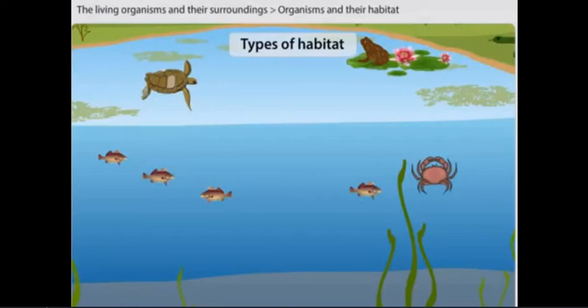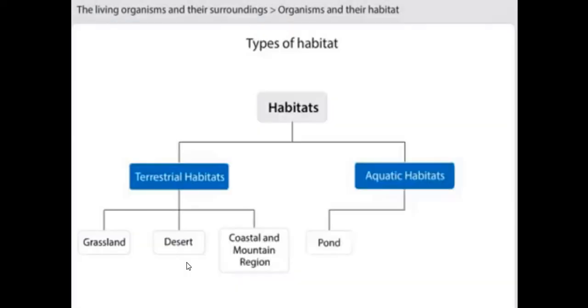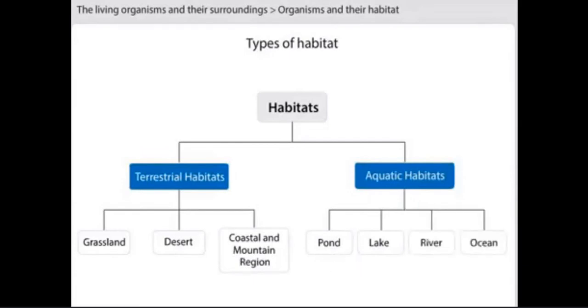Yes: turtles, frogs, fishes and crabs. Aquatic habitats can be further classified in 4 different classes: ponds, lakes, rivers and oceans. I'm sure from your geography class you must know the difference between these 4 water bodies.